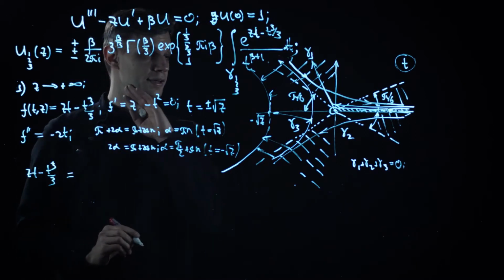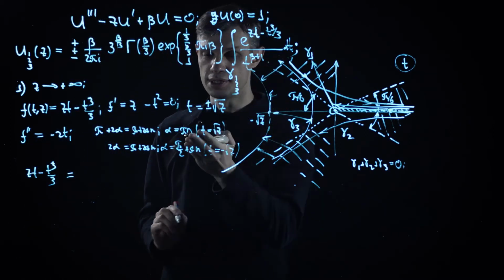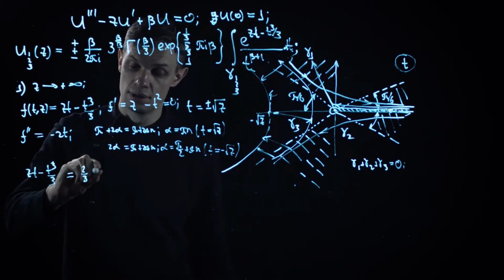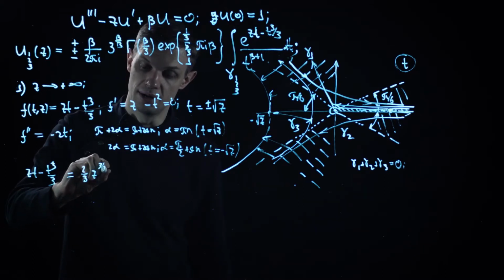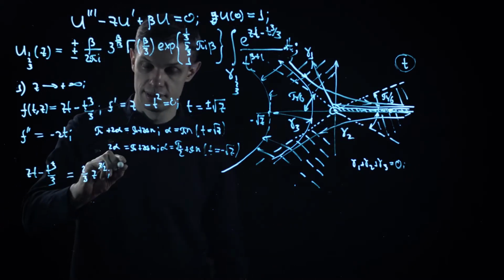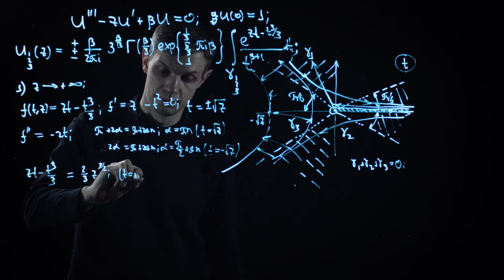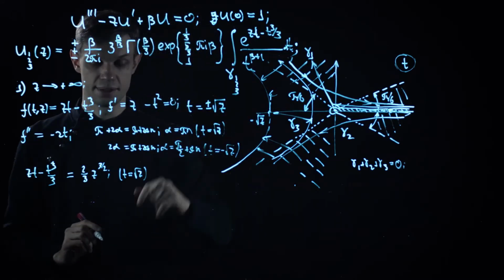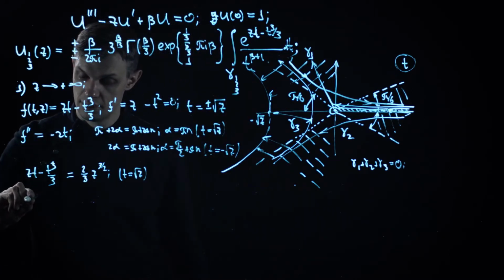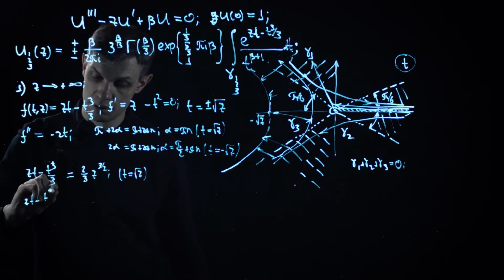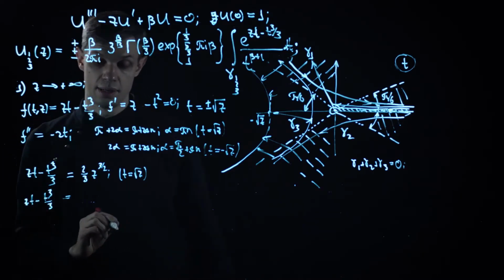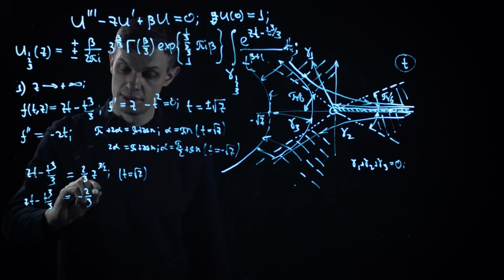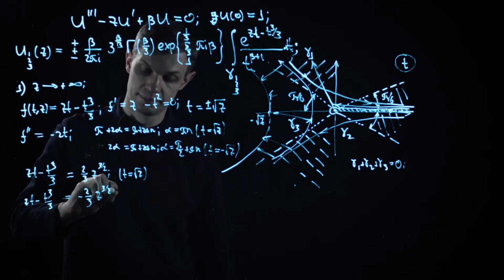So the value of the exponent at point t equals square root of z is simply 2/3 of z to 3/2. And at the other point, minus square root of z, it's simply minus 2/3 of z to 3/2.